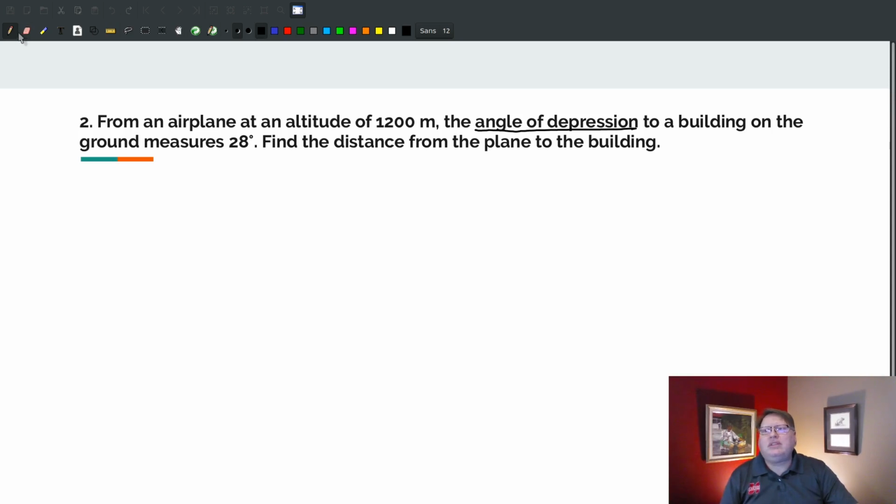So we're going to set this up. We're going to draw it out just like before. I'm going to draw my ground. So there's the ground. I'm going to draw my building here.